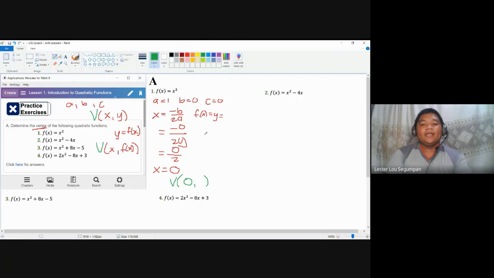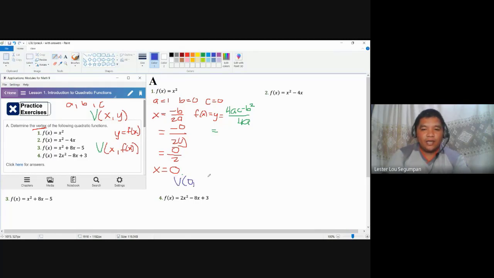Number one is using this formula: 4ac minus b squared over 4a. So this is another formula for the y coordinate. I have been using green; let me just use blue for the vertex, to differentiate the colors as well.